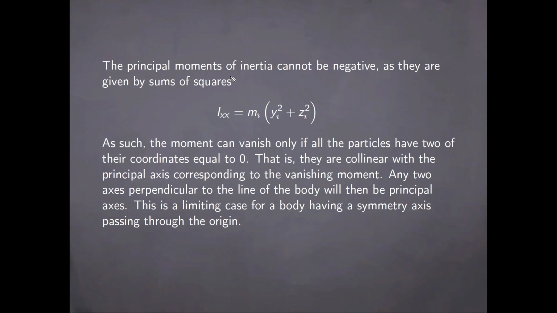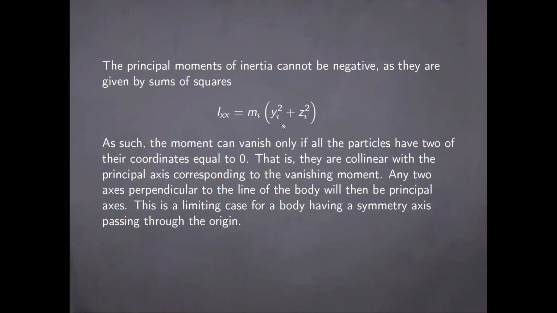The principal moments of inertia cannot be negative, as they are given by sums of squares. For example, they are written here for the first diagonal component, and again the summation is implicit in both terms here, summation over the particles of the system.